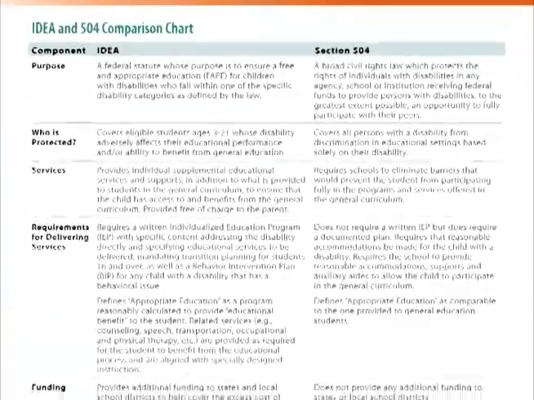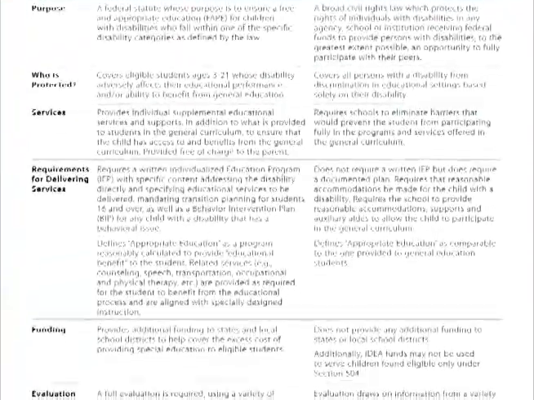A 504 plan is not the same thing as the Individualized Education Plan under the Individuals with Disabilities Education Act, or IDEA, or the IEP. So don't confuse the two, and we actually have a comparison chart on our website that helps walk you through what the differences are.